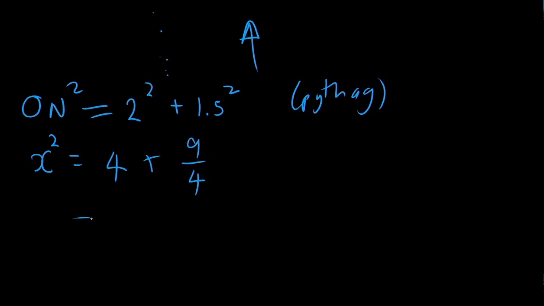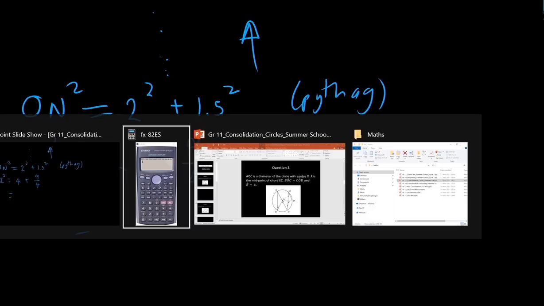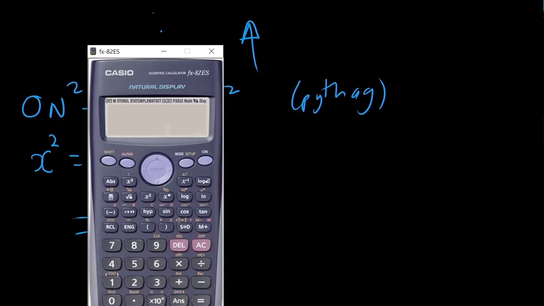In fact, let's do this on our calculator so that we don't make any careless mistakes. So we're going to have 4 squared plus 3 over 2, which is 1.5, squared.